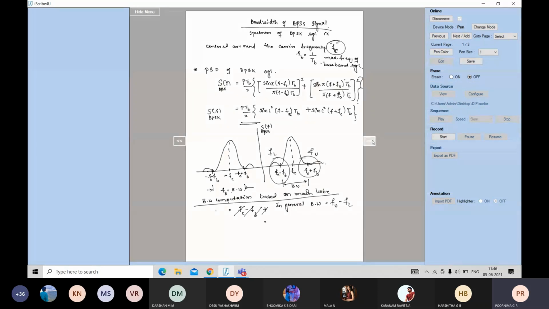So bandwidth equals FC plus FB minus (FC minus FB), which is equal to 2FB. That is the bandwidth of your BPSK signal.